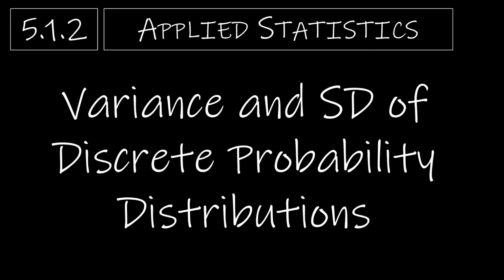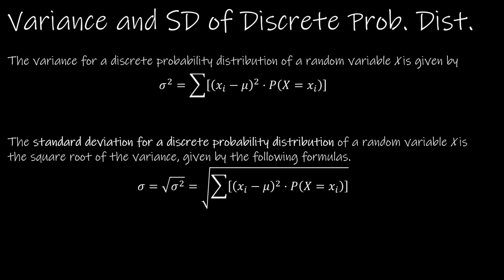In this video, we're going to continue our study of discrete probability distributions by taking a look at variance and standard deviation. Now, again, there is what looks like a complicated formula for calculating each of these things. We have calculated variance and standard deviation before, so we're familiar with the basic idea.